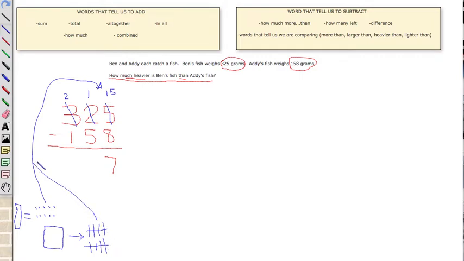And these tens, follow my arrow, are going to go all the way back to the tens place. So now I don't have 1 ten anymore. I'm going to have 1 plus these 10, and I'm going to have 11.